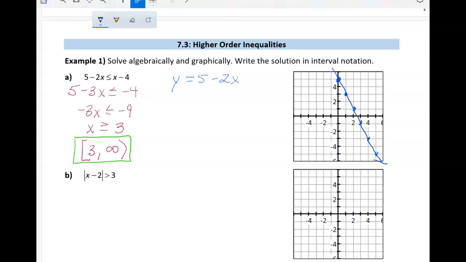So we can graph that. And then I'll use a different color for the other line. We're going to graph the other side of the inequality, y is equal to x minus 4. So that's going to be a line with a y-intercept of negative 4 and a slope of 1.